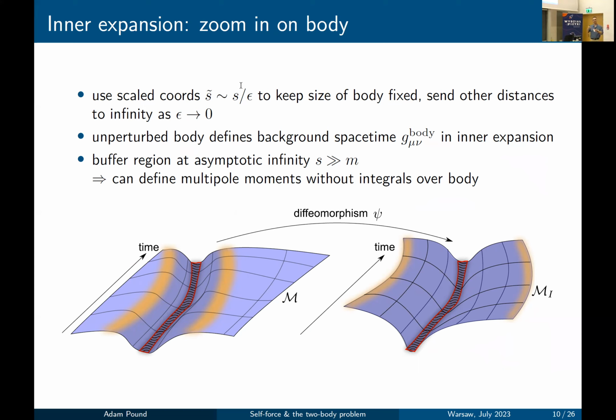So for the physical intuition here, in the outer expansion I described before, you're keeping some external length scales fixed, and you're letting your small body go down towards 0 size. That's the epsilon goes to 0 limit. Here we're saying we're going to take the same limit, but now, rather than the body going to 0 size, the body is going to stay fixed. All the external length scales are going to go out to infinity.